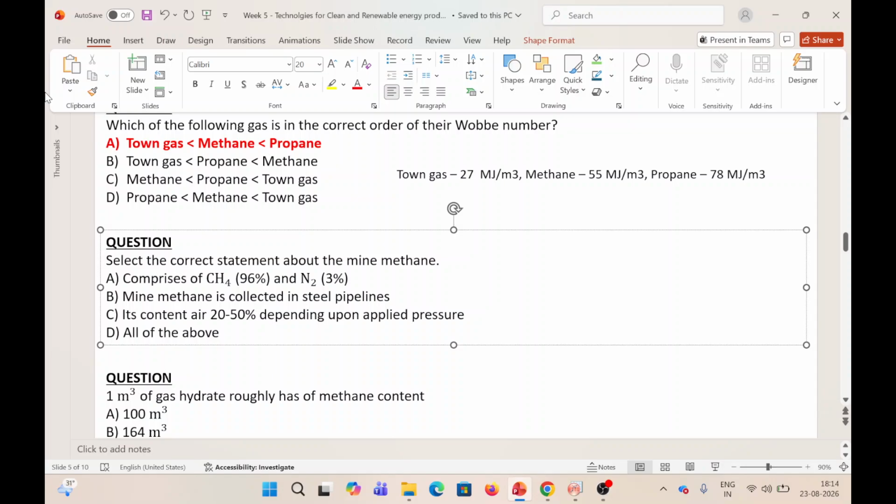So we are supposed to state the correct statement about the mined methane.